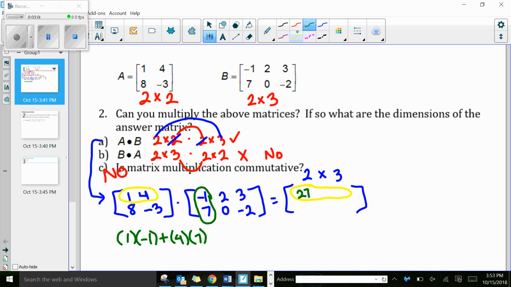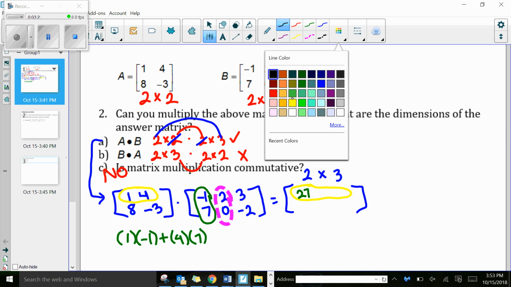I'm going to switch colors here, and I'm going to use purple. Again, I'm still using the top row because I'm still on the top row of my answer. So I'm going to use the 1 and 4 still. This time I'm going to use the 2 and the 0. Sorry, I'll use this purple right here.